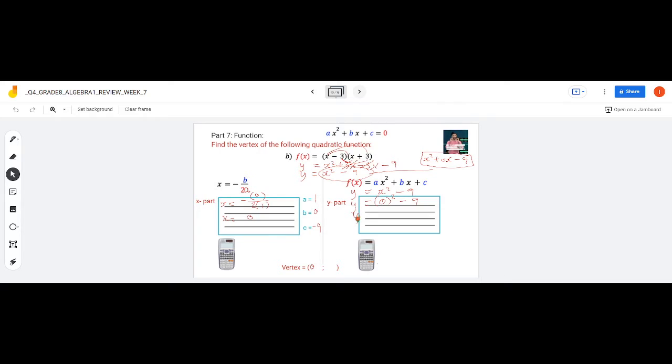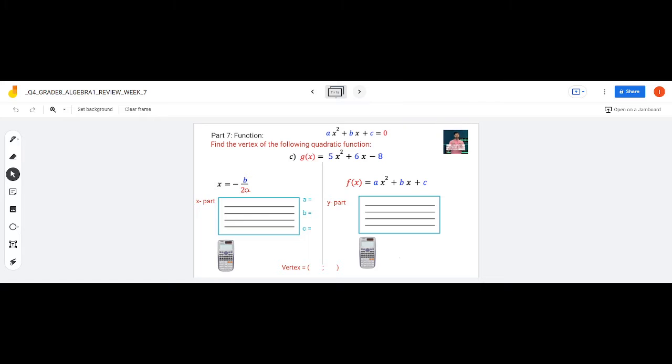And you can see that if you evaluate that, it becomes negative 9. So is this a happy face or sad face? Well, we can see it's a happy face. Why? Because A is 1. So it will turn at 0 and negative 9. Great.